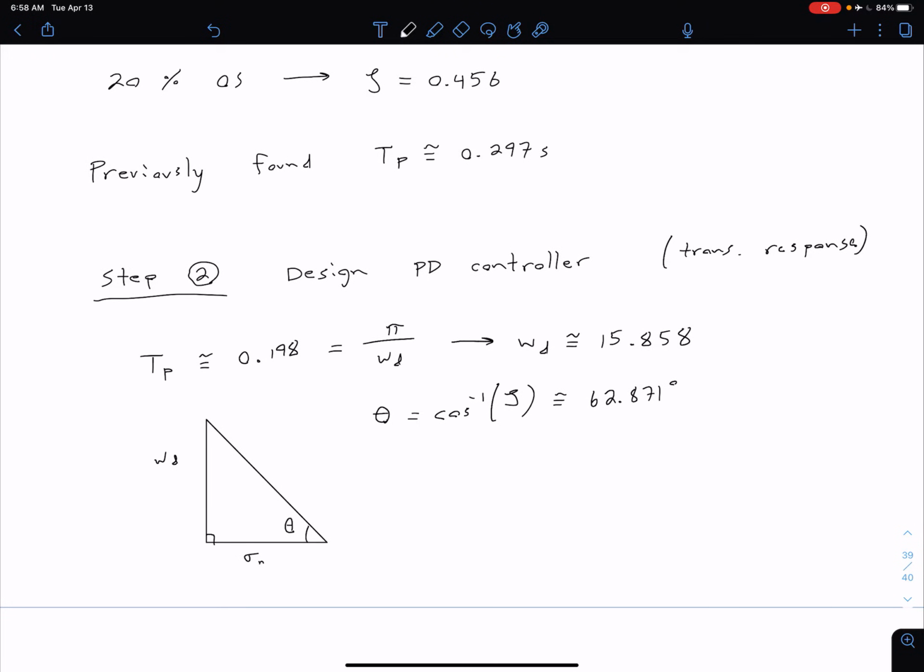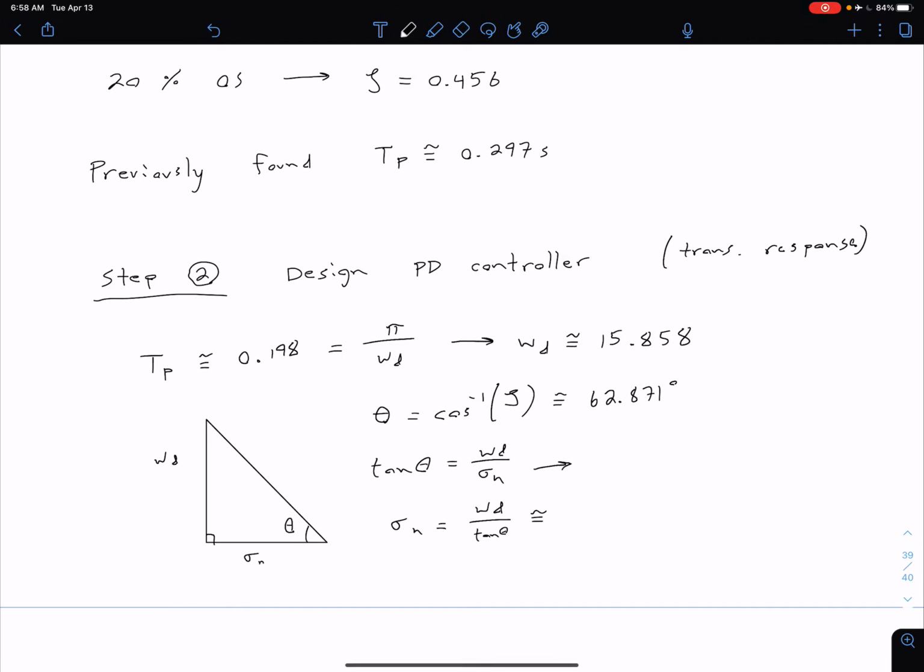And if we evaluate that, we see that angle theta is approximately 62.871 degrees. Okay, so now we can use trig to figure out our sigma sub n value. So we can say that tan theta is opposite over adjacent, so that's going to be equal to omega d divided by sigma n. And from that, we can see that our sigma n is going to be equal to omega d divided by tan of theta.